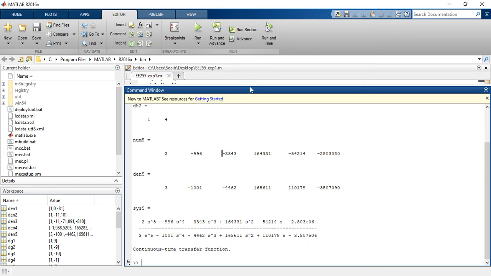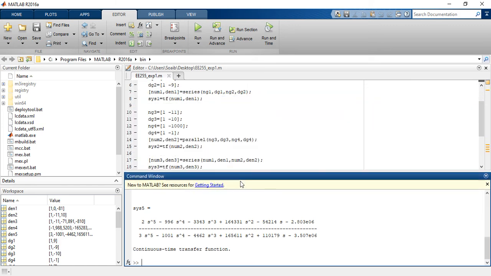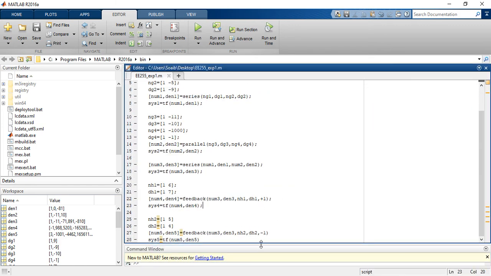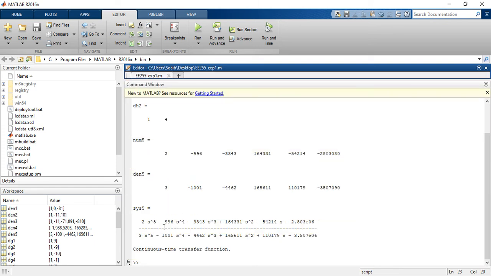So this is your negative feedback control system. Now see what answer you are getting. The final answer you are getting is 2s raised to 5 minus 996 s raised to 5 and something. Just note it down.